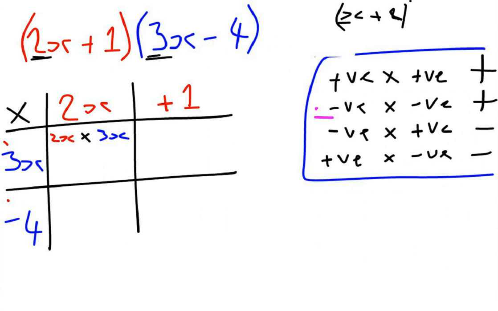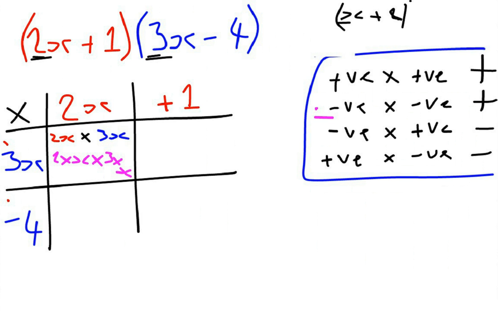and that gives us, let me see if I can write this out like this, 2x means 2 times x, and we are multiplying that by 3x, which means 3 times x.